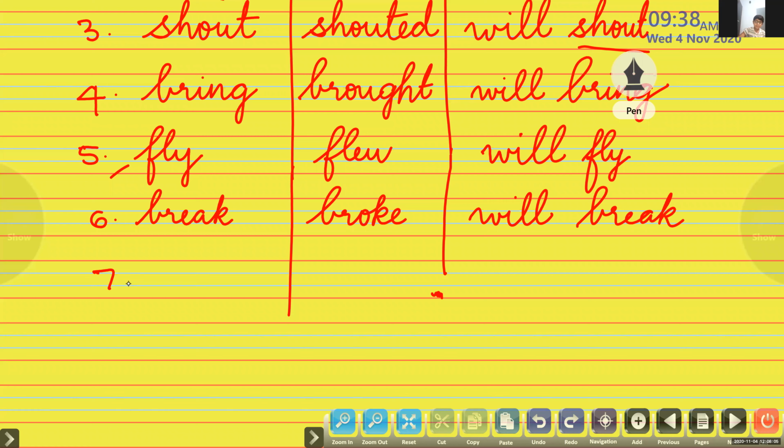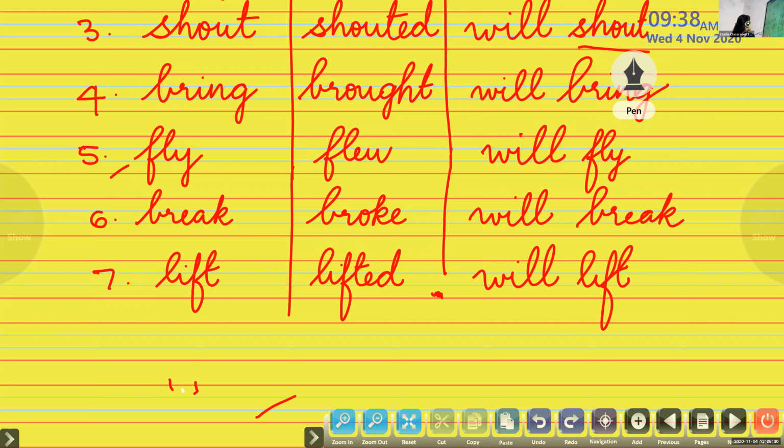Seventh one. Lift, L-I-F-T. The past tense form of the verb lift is lifted. Carry, C-A.